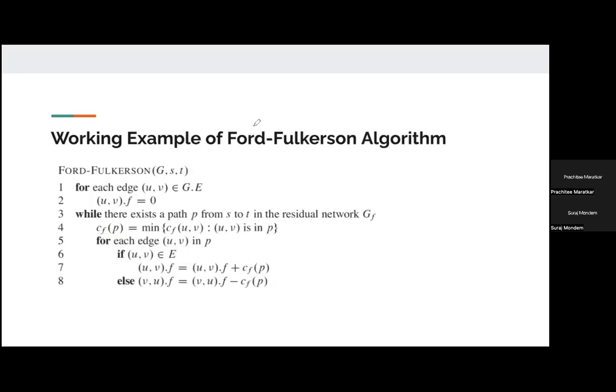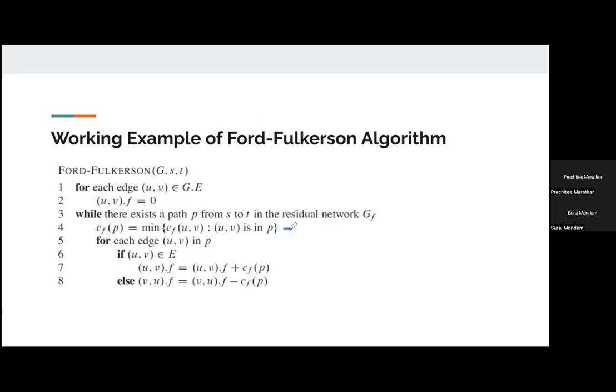Now we'll be going through the step-by-step procedure for implementing the Ford-Fulkerson algorithm. Before diving into an example, let us go through the algorithm first. So as you can see, initially the flow of the graph is initialized to 0, and then the algorithm tries to find an augmenting path P in order to augment the flow by determining the residual capacity for that particular augmenting path.